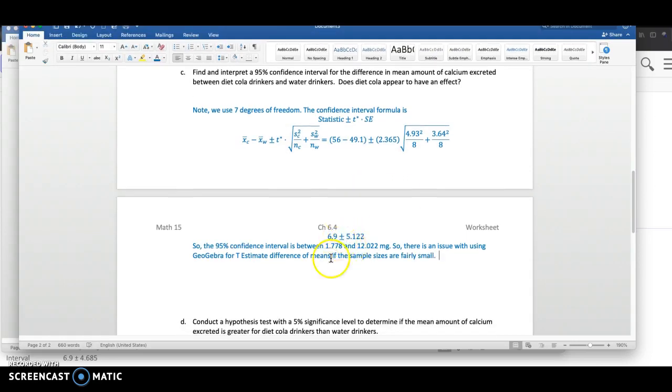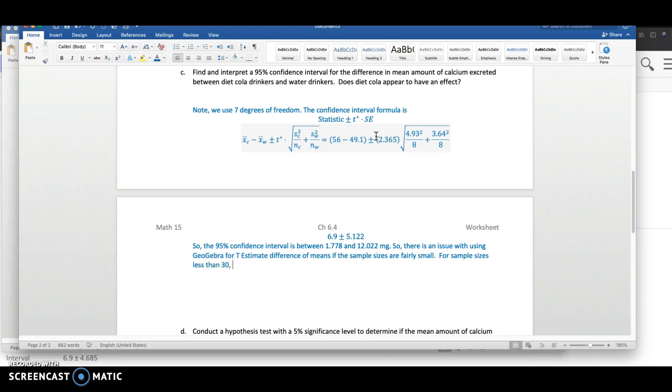So I went through the entire homework assignment for 6.4. If the sample sizes were roughly 30 and up, the Wiley accepts either. You either use GeoGebra or this formula. So for sample sizes less than 30, you need to use the formulas for Wiley homework.